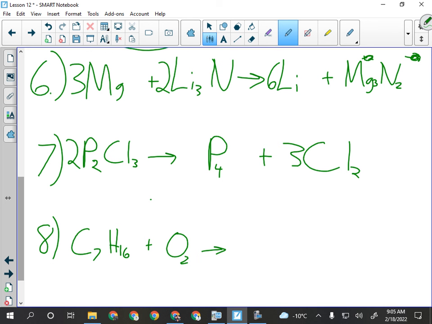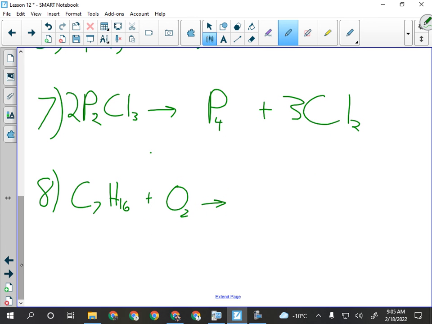And then for number 8, what kind of reaction are we looking at there? Combustion. Products of a combustion reaction are always the same 2 things: carbon dioxide and water. Do I need the rule of 2 on this one? Is 7 an even number or an odd number?